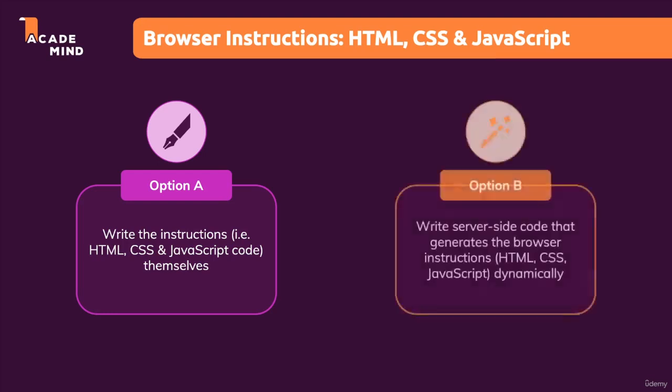That's why we also have another option, option B, where as a web developer, we don't write all the HTML and CSS and JavaScript code ourselves, but instead we might prepare pieces of it, but then we write code that runs on the server that generates the HTML code that will be sent back dynamically.